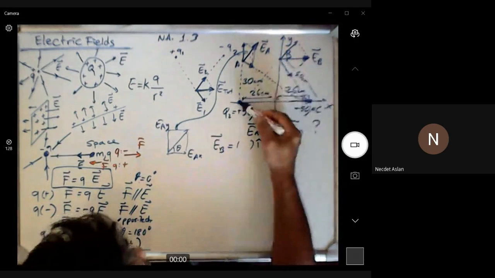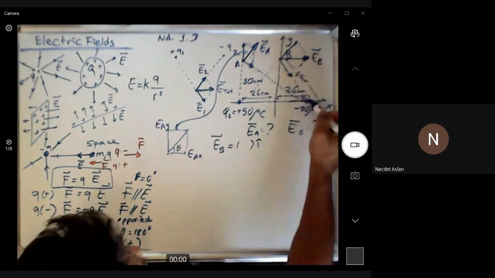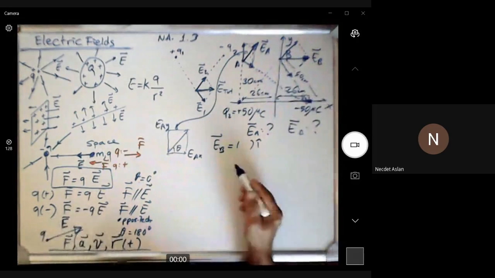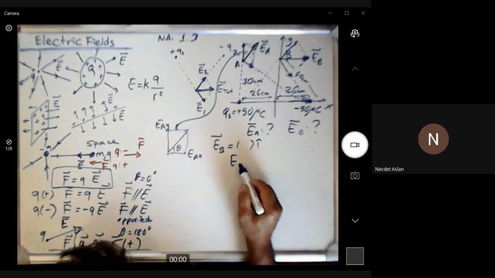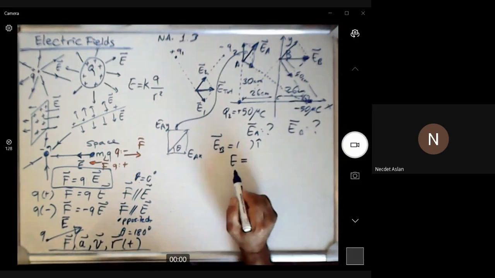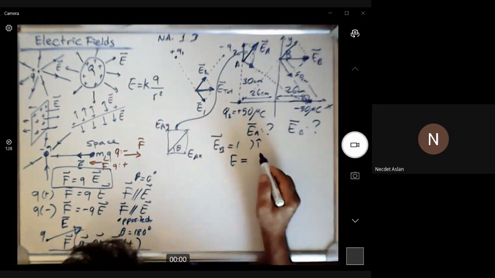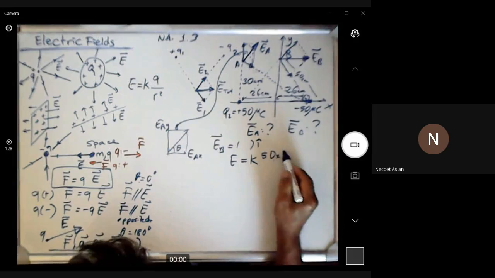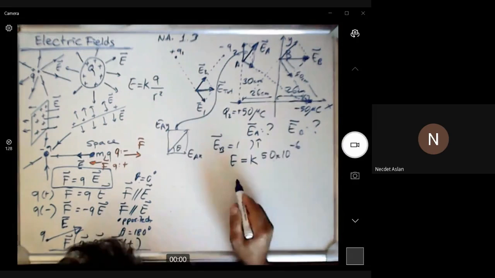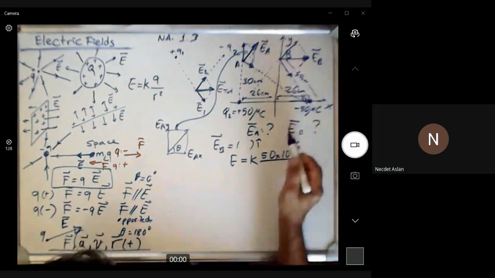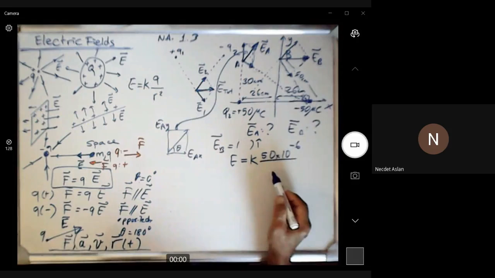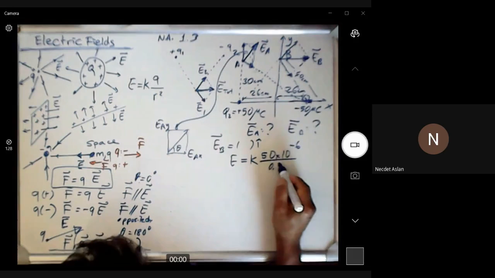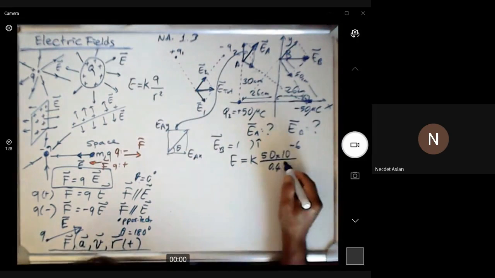This electric field due to this Q2 or Q1 will be equal to K times 50 microcoulomb, 50 times 10 to the minus 6, divided by the distance, 40 centimeters, which means 0.4 meters, and the square of it.